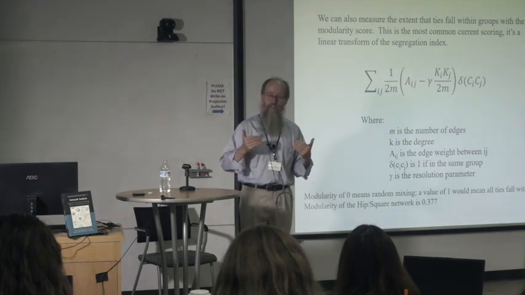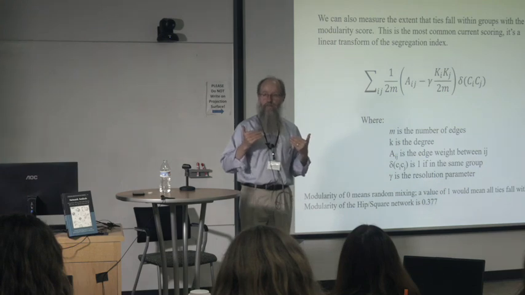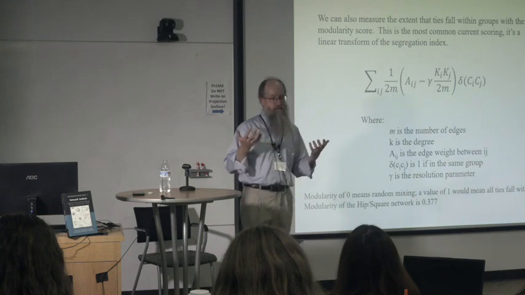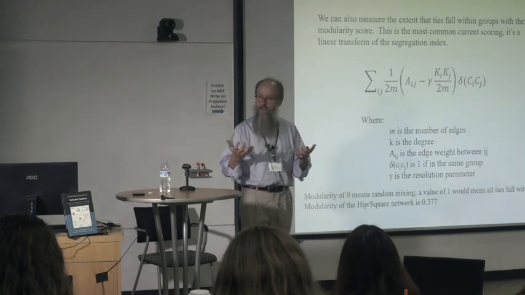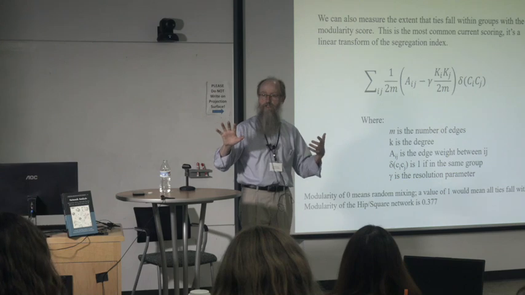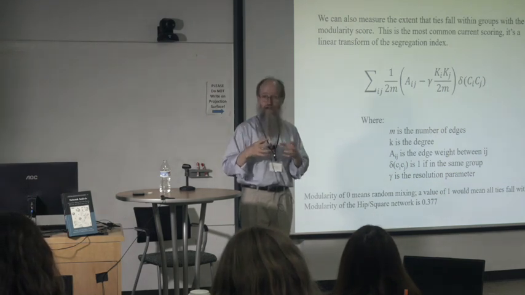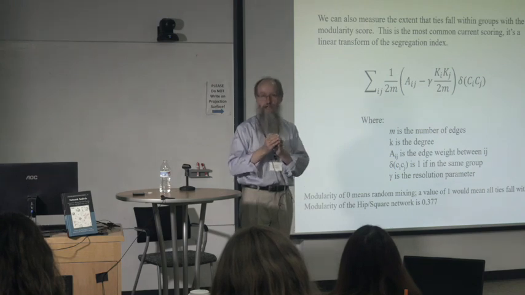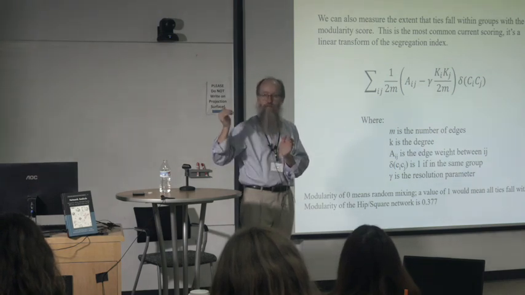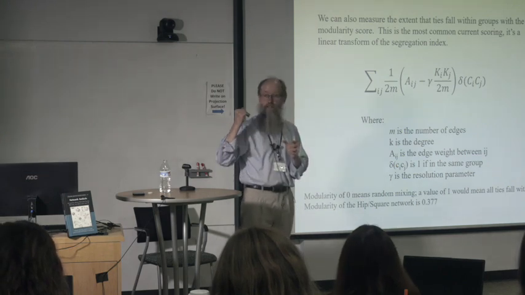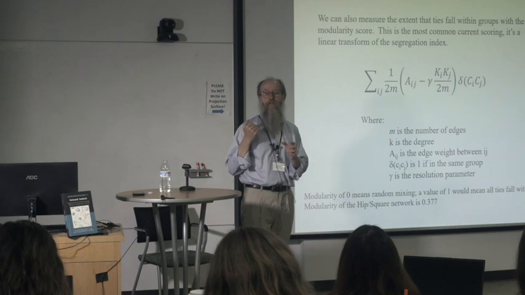We almost never see a negative value, because that would mean heterophily as opposed to homophily. The one case where you obviously see it is heterosexual mixing in a sexual network, which will have a negative modularity score, but by and large you're going to see positive values. So I like to think about it as ranging from 0 to 1, which is random to complete. And so this is about 40% of the way to complete segregation in this network.